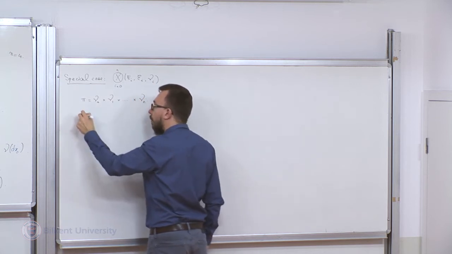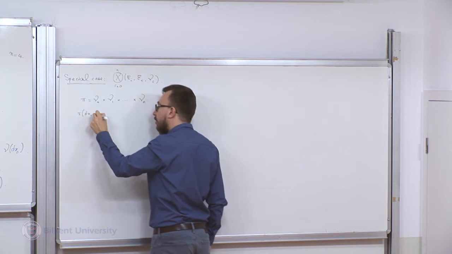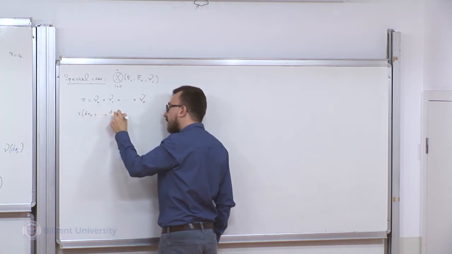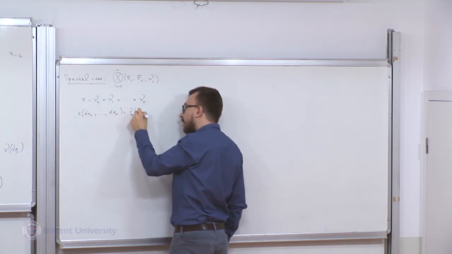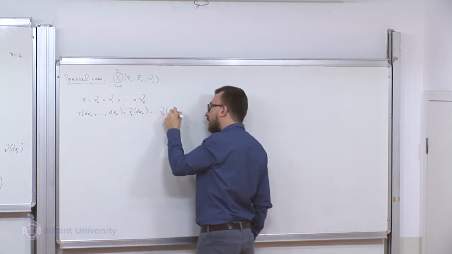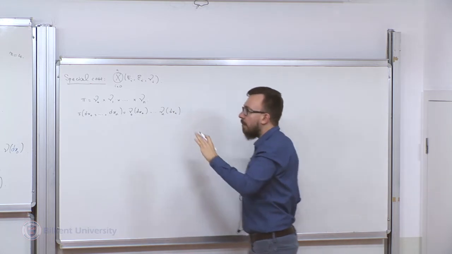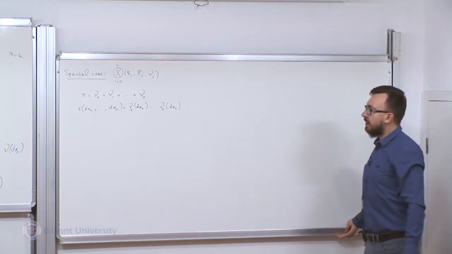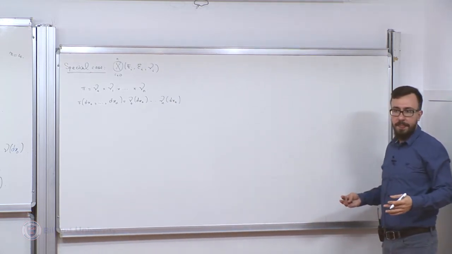Or pi dx0 to dxn is nothing but nu 0 dx0 to nu n dxn. So you have just measures on each space, and this is the product measure of them.